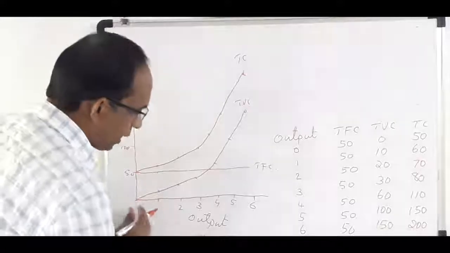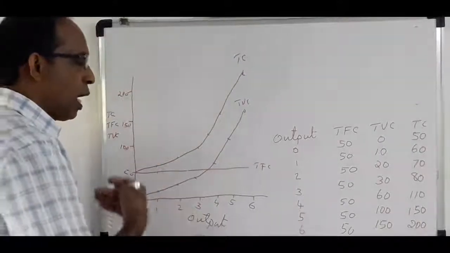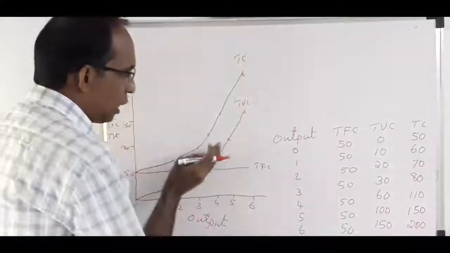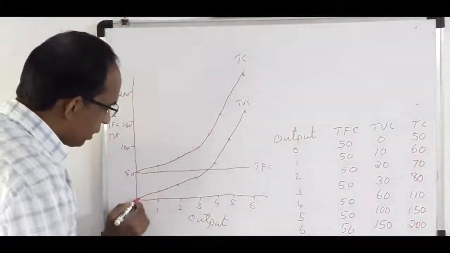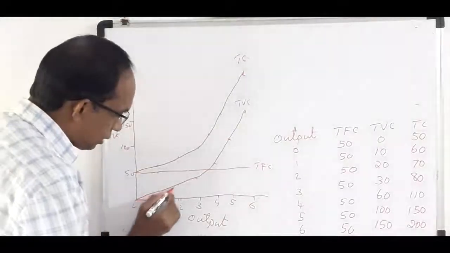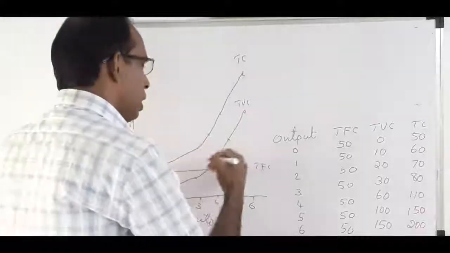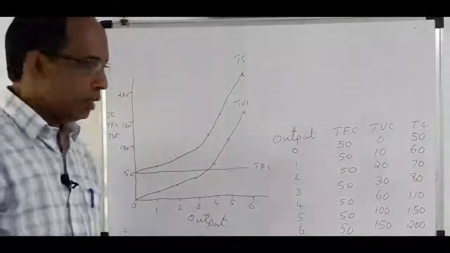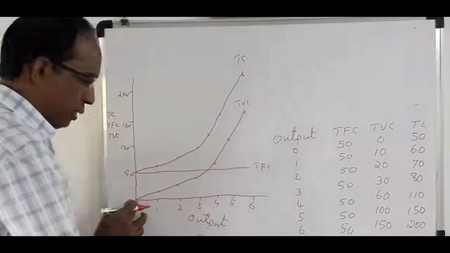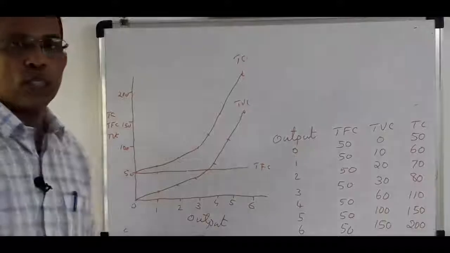When output expands, or when a producer produces more and more levels of output, TVC also increases. In the initial stage, TVC increases at a diminishing rate, and at the end TVC increases at an increasing rate. TVC starts from the origin, because when output is 0, TVC is also 0.